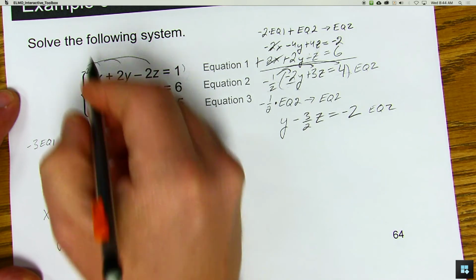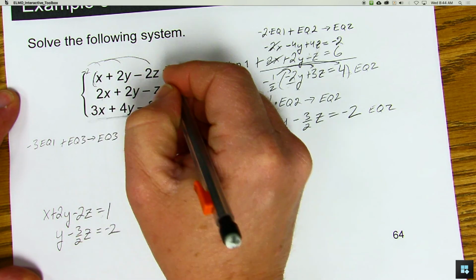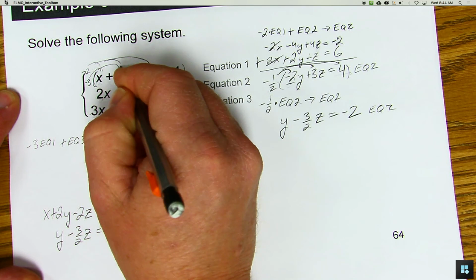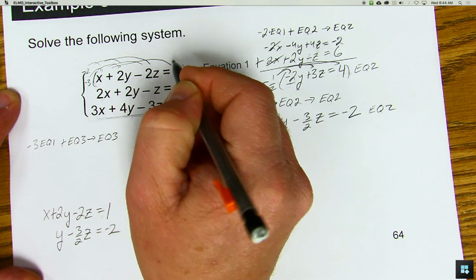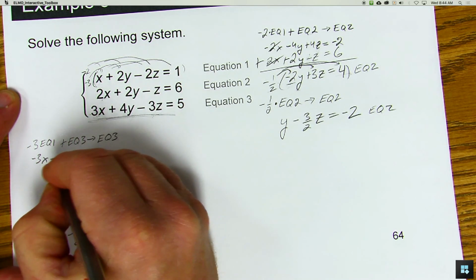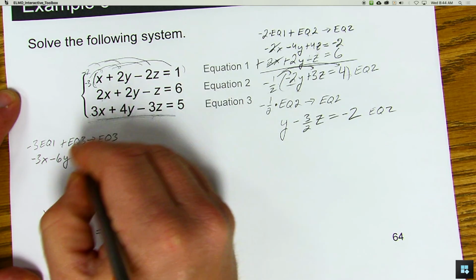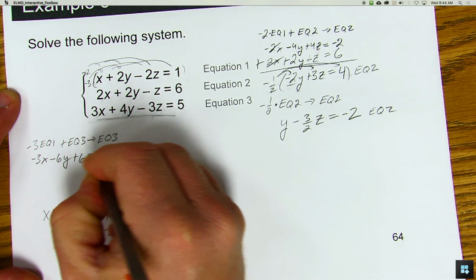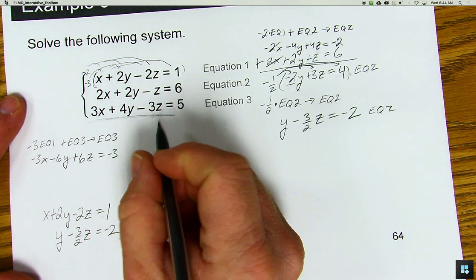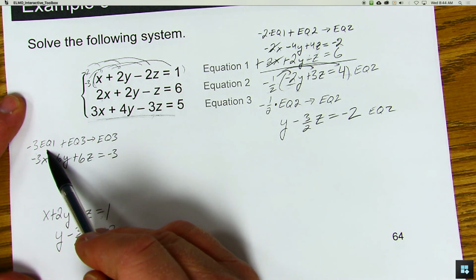So now instead of multiplying by -2, I'm going to multiply by -3 and distribute that in. That gives me -3x minus 6y plus 6z equals -3. All I did is take -3 times equation 1.